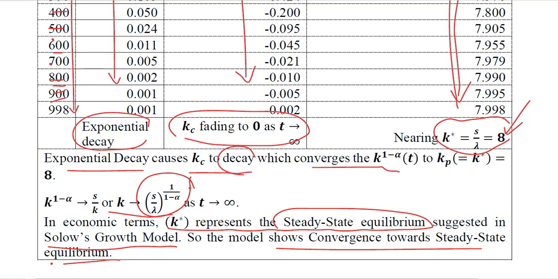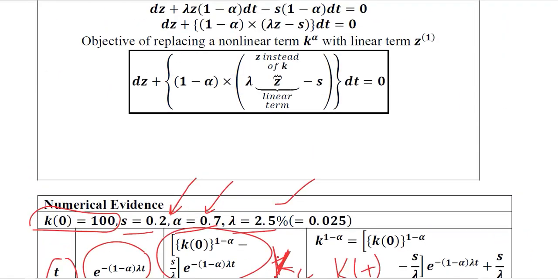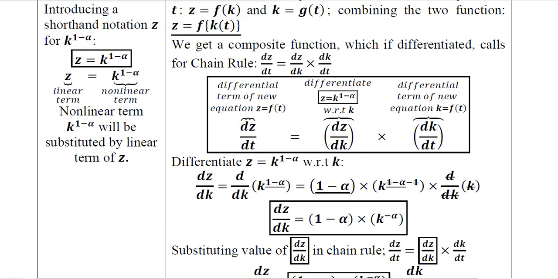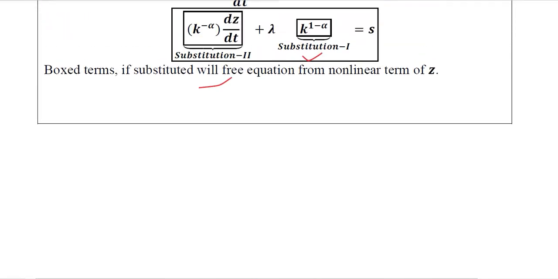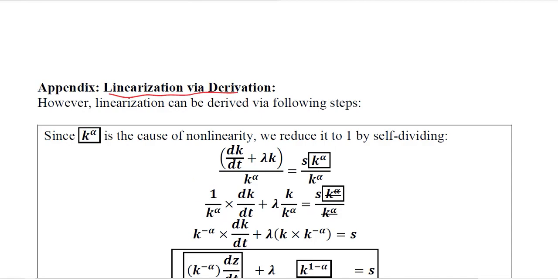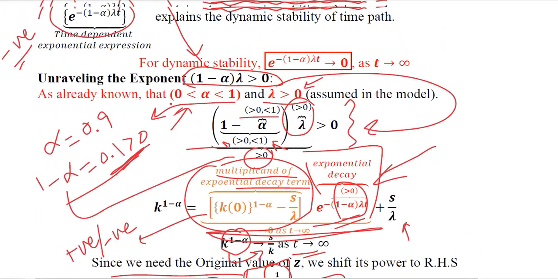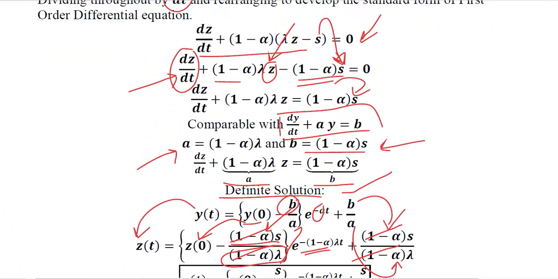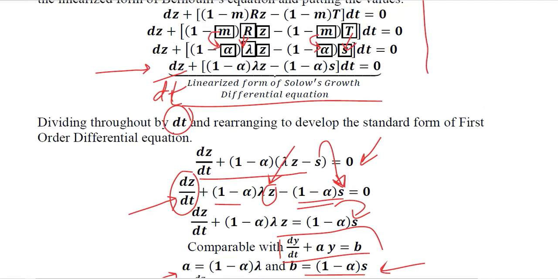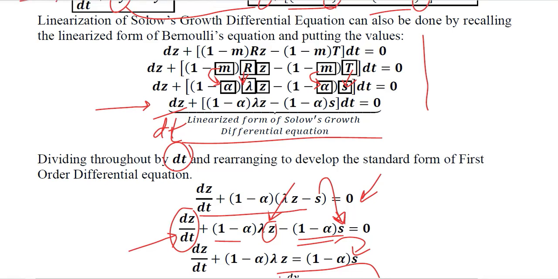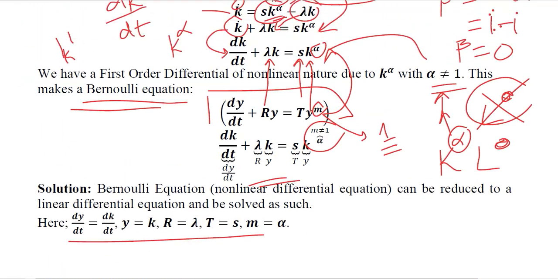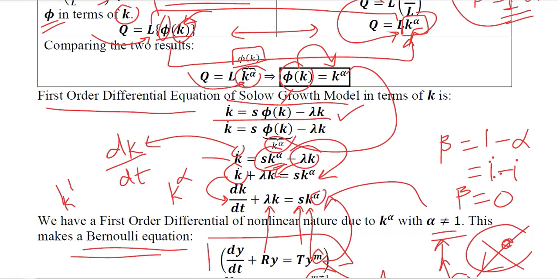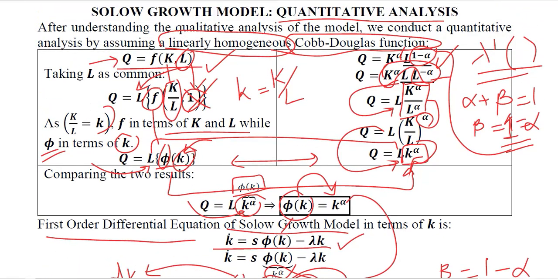So in this way, we have understood the qualitative side of the Solow's growth model, and we have solved it by using the Bernoulli's equation method, which was capable of giving us the answer of particular integral as well as the complementary function, and then we were able to verify the dynamic stability of it as well, and it showed convergence because the value of the exponent on the whole is negative because of the negative sign of the formula, due to which the verification of the postulate given by Solow that the steady state growth will be achieved is now getting verified.